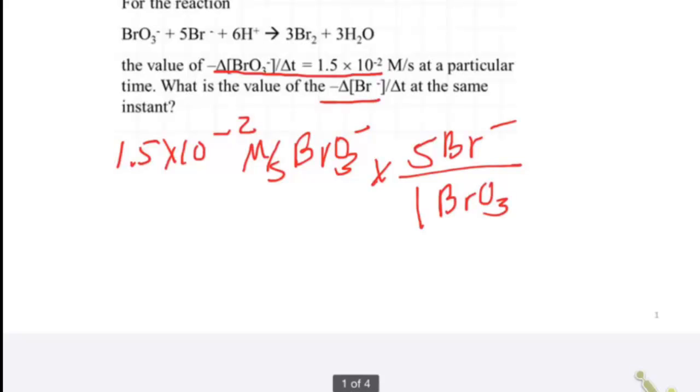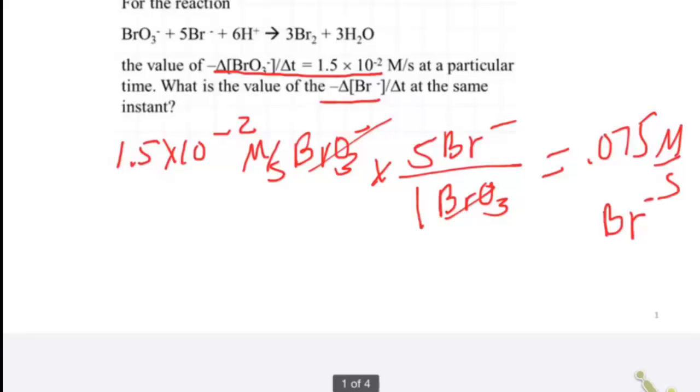And if I plug and chug, I end up with 0.075 molar per second change in the bromine ion. Okay, pretty simple. Let's do another.